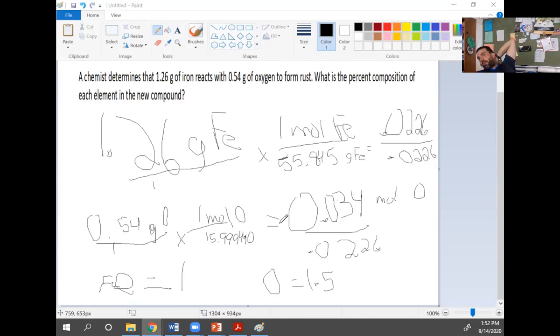What's the least common multiple of 1.5? I'm going to multiply everything by 2, because that'll give me a whole number. So how many Fe's do I have now? My formula is now Fe2. And how many O's do I have? 3. That's my answer.